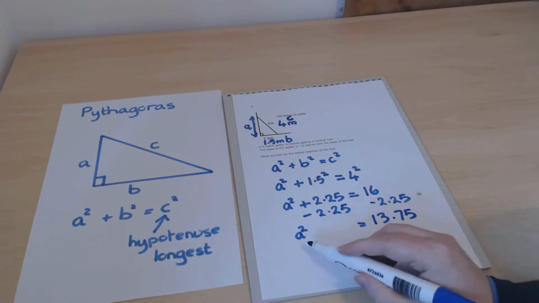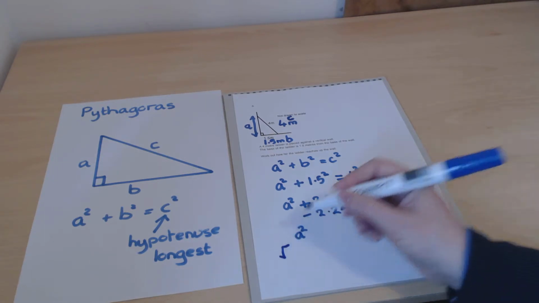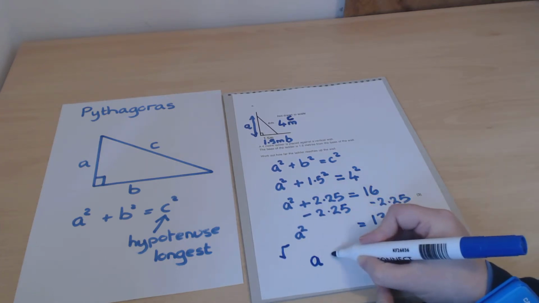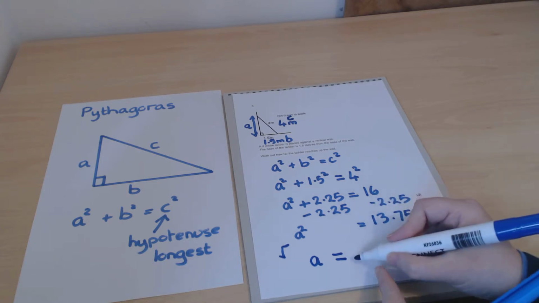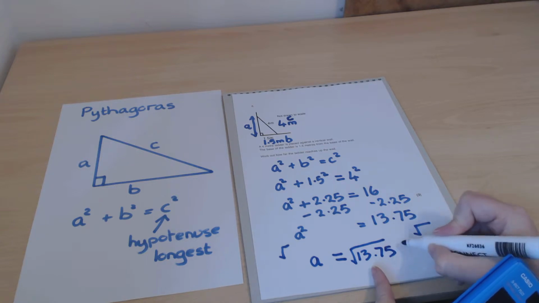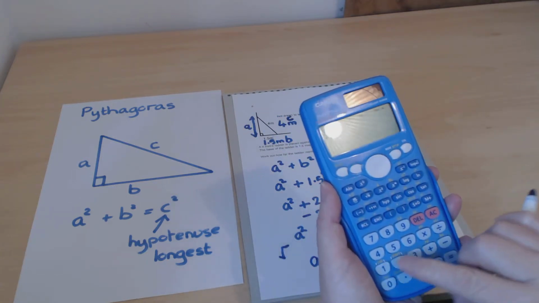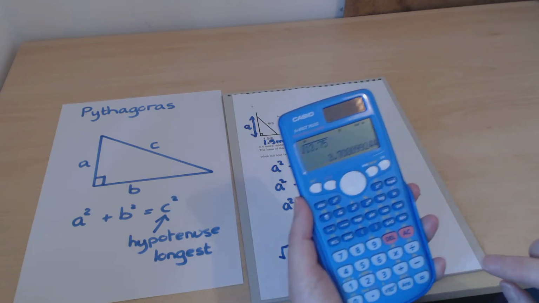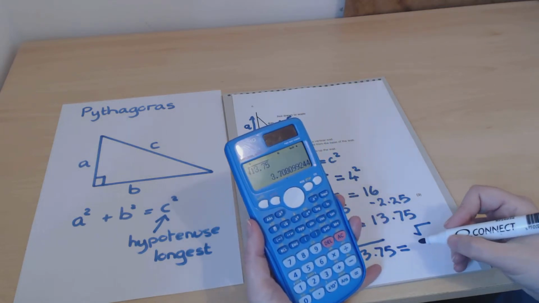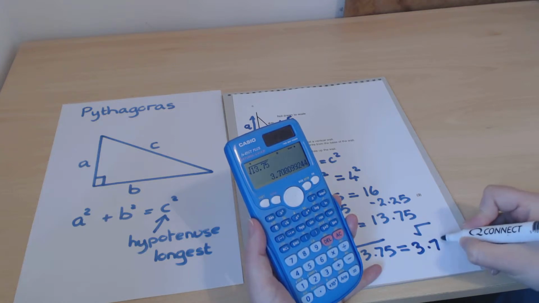So now we know that A squared equals 13.75, so the final thing we need to do is square root both sides, because we don't want A squared, we actually only want A. So A is equal to the square root of 13.75. So let's find out what that is. Square root 13.75 is 3.708 going on forever. We'll just do it to 2 decimal places. So that would be 3.71.